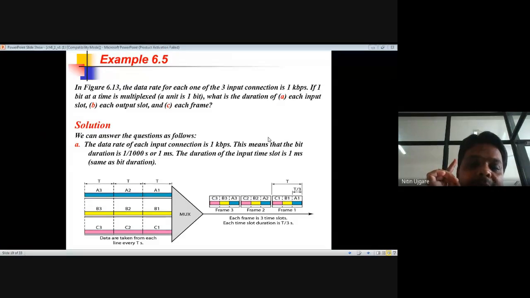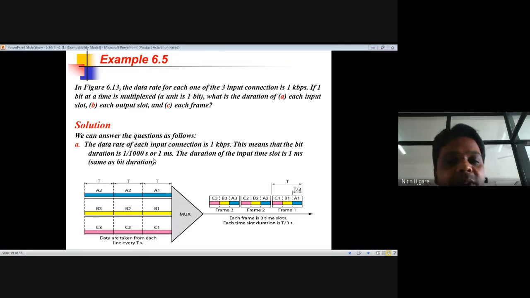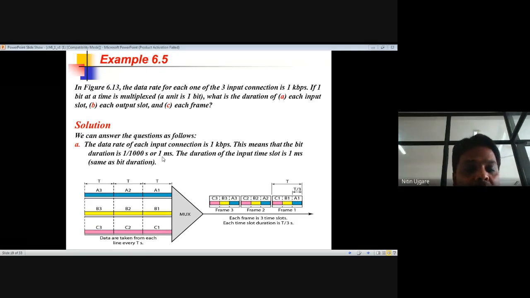Then if we are sending 1000 bits in 1 second, what is the time required to send 1 bit? That means 1 divided by 1000 will give me the time we require to transmit 1 bit out of 1000 bits. So 1 divided by 1000 seconds gives the answer 1 millisecond. So we require 1 millisecond to transmit 1 bit out of 1000 bits.